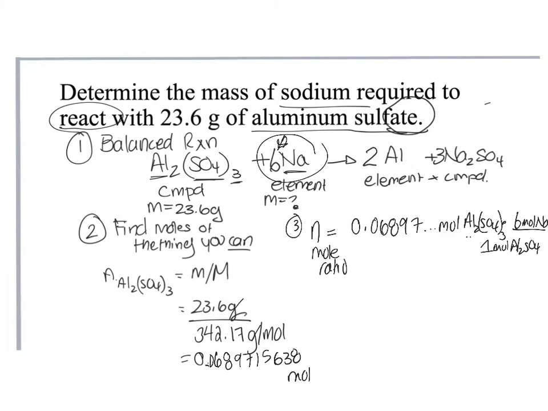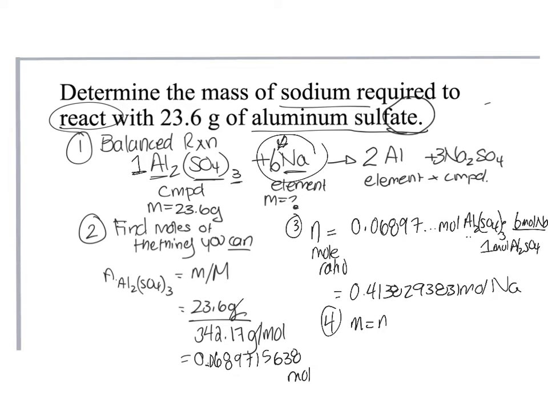And there's only a 1 in front of this one if there's nothing there, right? So that means that I take the number on my calculator and I times it by 6. So now I get this many moles of sodium. Now, last step is to figure out what the question's asking. In this case, it's the mass.